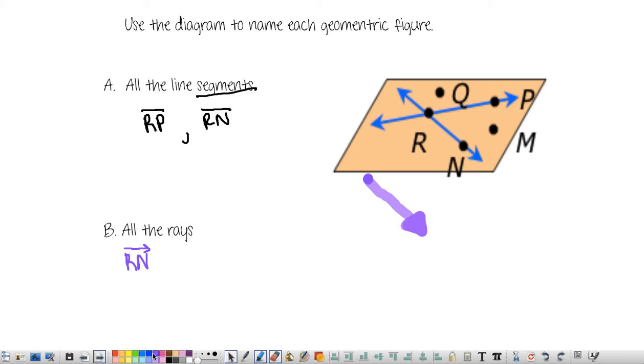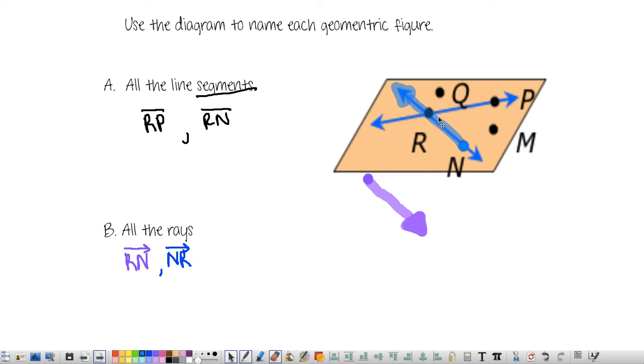Now I have this endpoint here of N, and I know that it goes on forever in this direction because I have this arrow up here. And I have a ray that now goes this way. So now I do have ray NR. Those are different rays because one starts at R and goes down and to the right, and one starts at N and goes up and to the left.